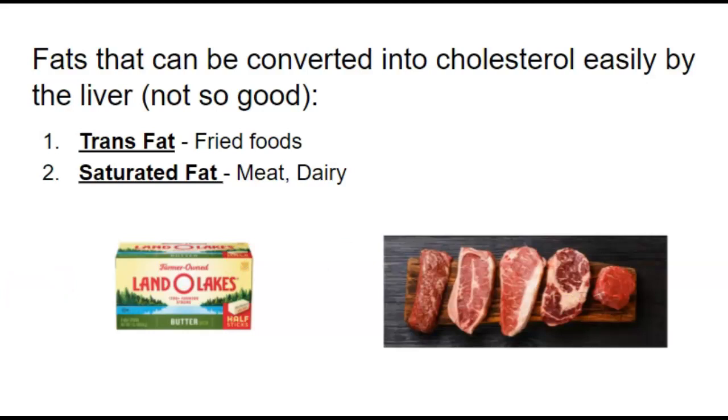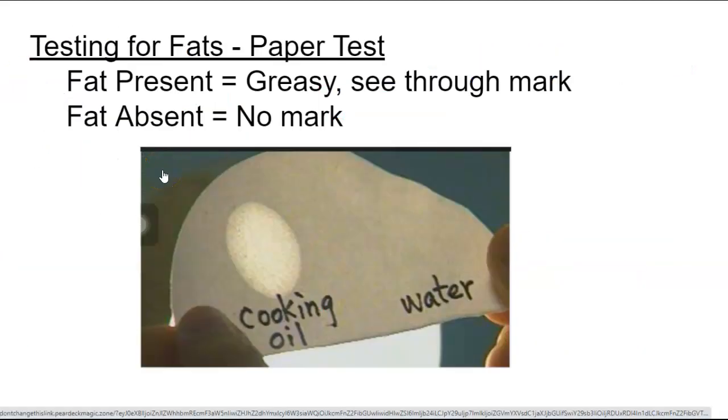Perfect. So now we're going to talk about testing. How do we test for fats? It's highly scientific. There are some other more complex tests that use chemicals, but we're just going to talk about a simple one. We use paper. You can use a brown paper bag like from a grocery bag or just a regular piece of paper.